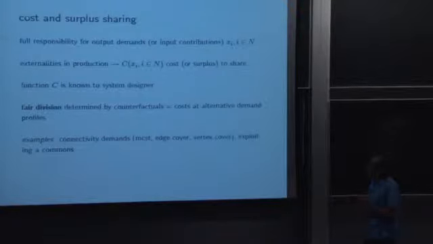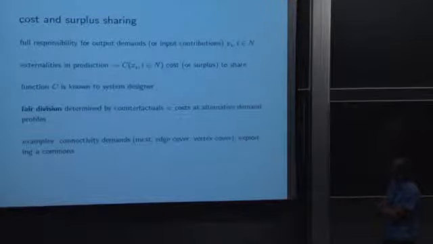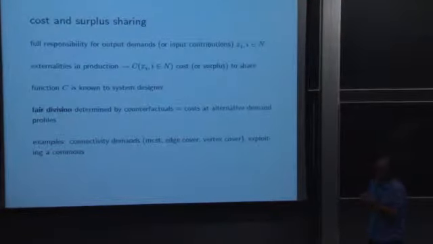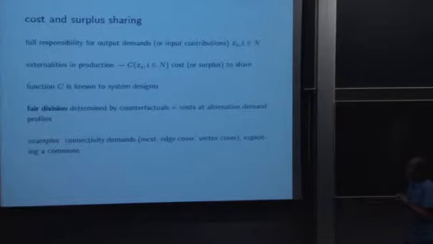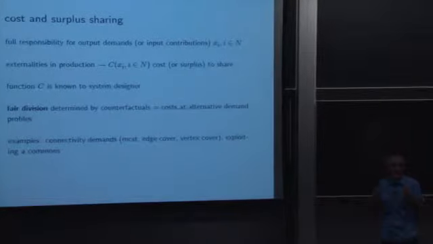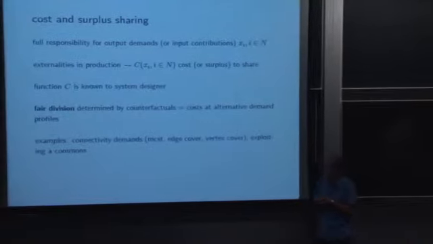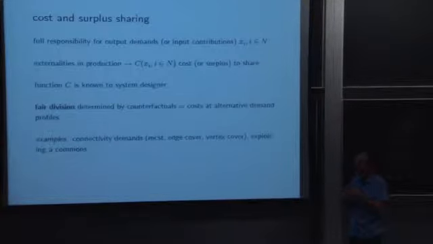Okay, so the function C is known to the system designer, and so are the demands. And the first thing we're going to discuss very briefly, because it's the part of the theory which is probably the best known, is how to deal with this as a pure fair division problem when there are no incentives around, and that corresponds to what in economics we call inelastic demands.